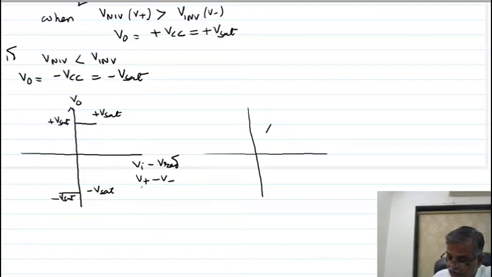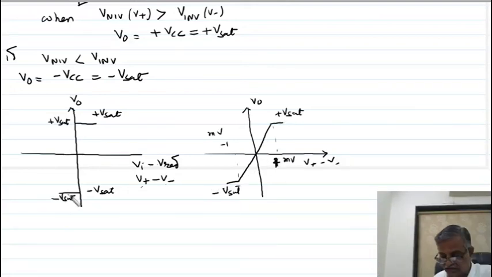Due to input offset voltage, you are getting it in this way. This graph shows that the output changes state from minus to plus immediately when this is more than this.